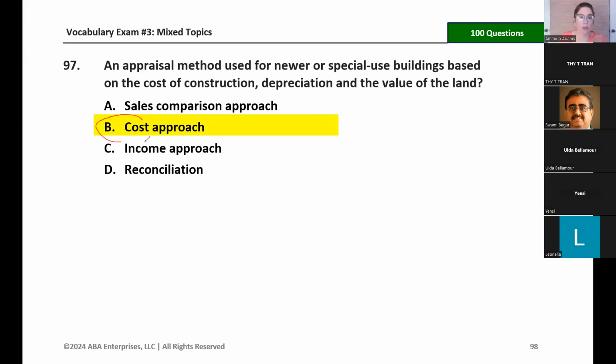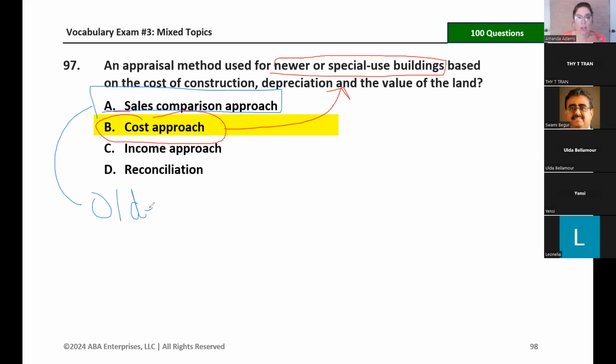There's the cost approach, and this is for newer or special use buildings, where we literally have to calculate how much it would cost to recreate them, how much value they've lost, and the value of the land. Sales comparison approach is what we use for older residential houses, in neighborhoods that have been there so long and houses resell on a regular basis.